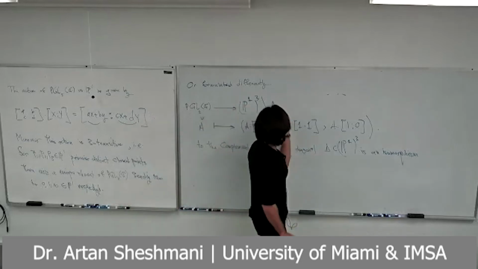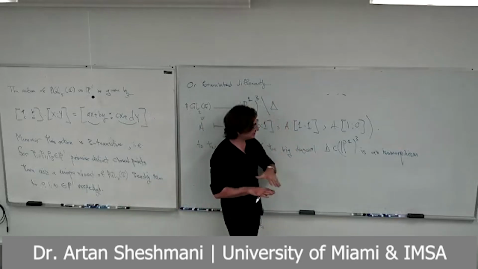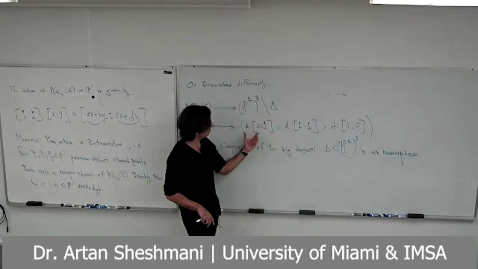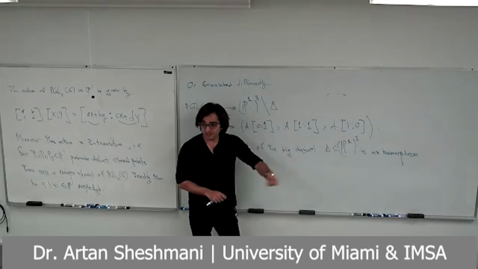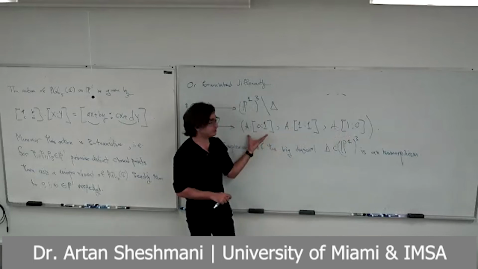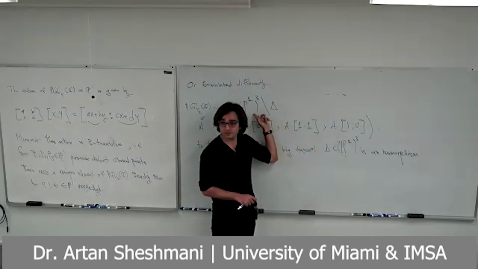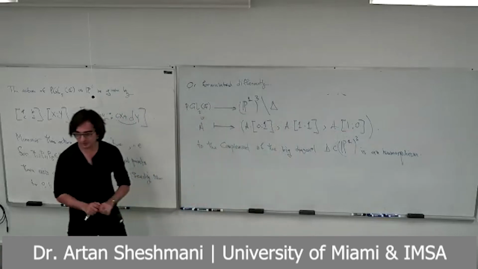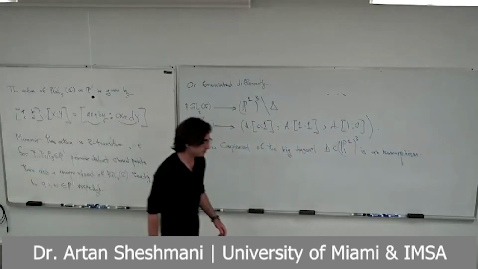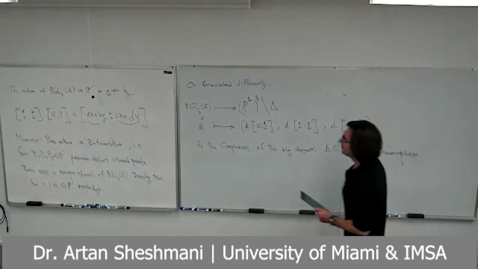So you go out of the big diagonal. Each one of these is a point of P1. This is a P1, this is a P1, and this is a P1, so P1 cubed, but I would like to send it to the locus outside of the diagonal so that I get the 3 distinguished smooth points. Okay, so that's that.